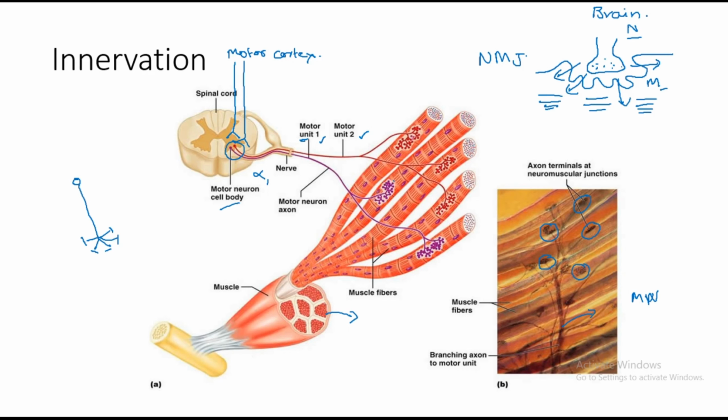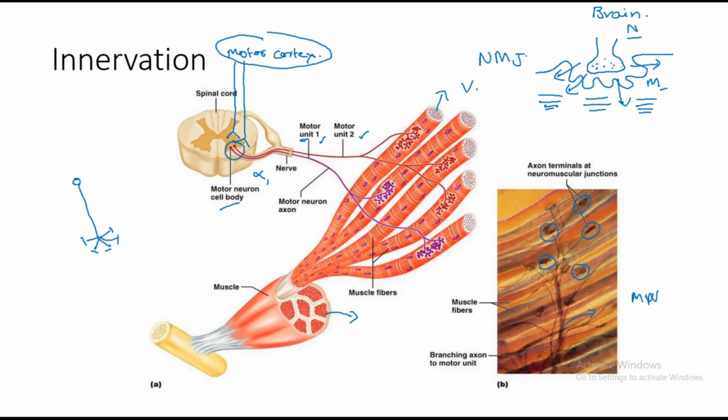As I mentioned earlier, these are motor neurons and the muscles are voluntary muscles. Voluntary means the contraction is possible as and when the motor cortex is activated in the brain.